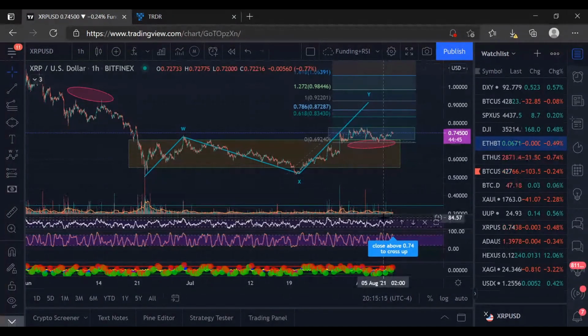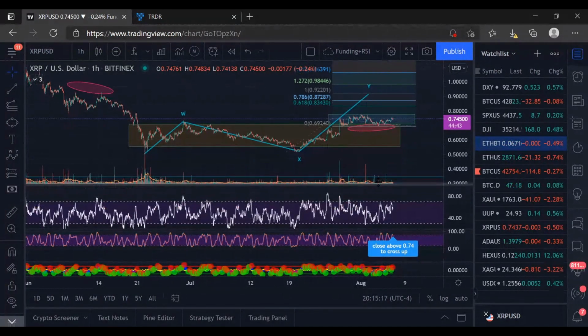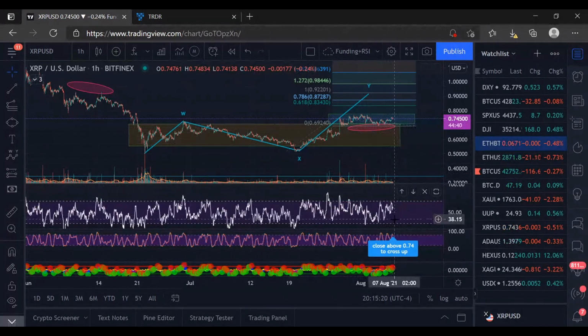Does our RSI support that idea? The 1 hour, we don't really have bearish divergence on the 1 hour yet, so that's not a short. But if this RSI gets down low enough, like breaks the low, you'd have some kind of hidden bullish divergence, most likely playing.